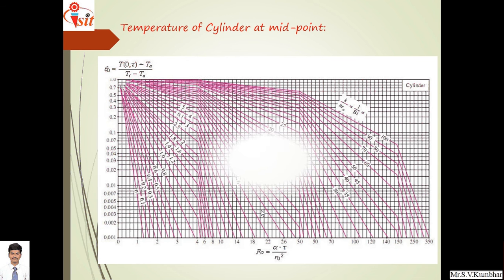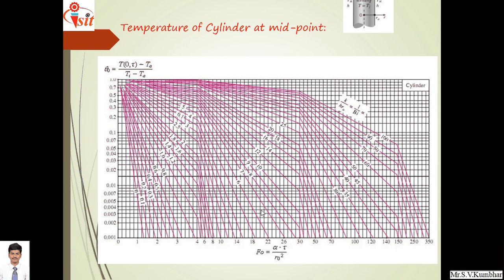Similarly for a cylinder at midpoint. This is the cylinder, and at the midpoint the first chart is drawn, that is the non-dimensional chart, where the Fourier number is equal to alpha t upon rho square, plotted on the x-axis. On the y-axis, theta naught is equal to T0 of t minus Ta upon Ti minus Ta.